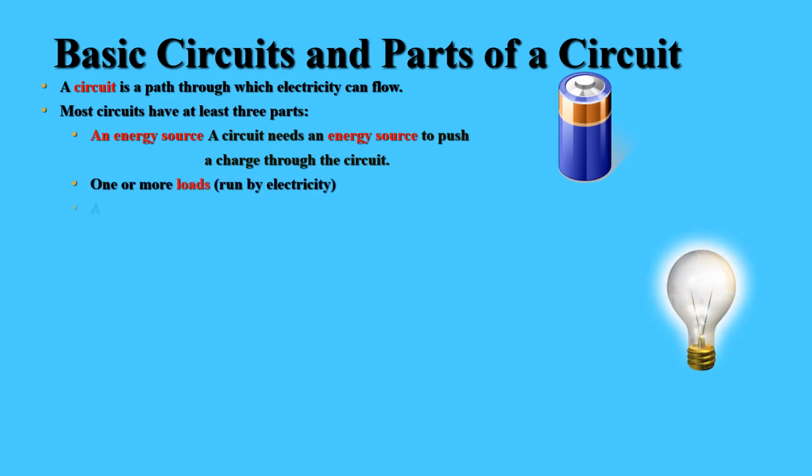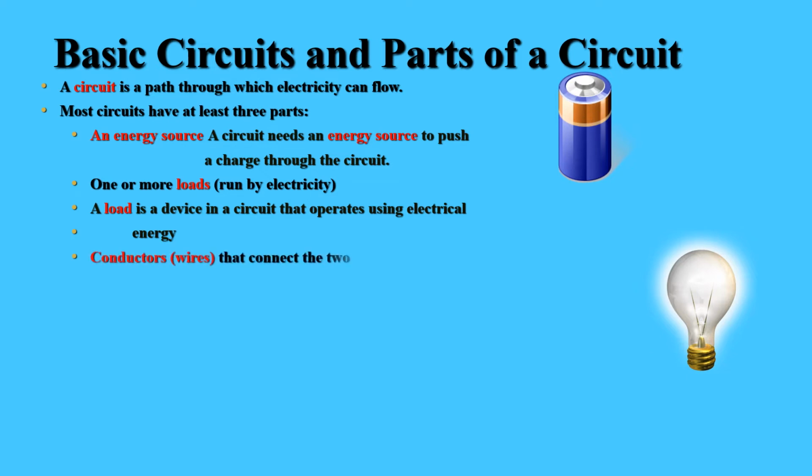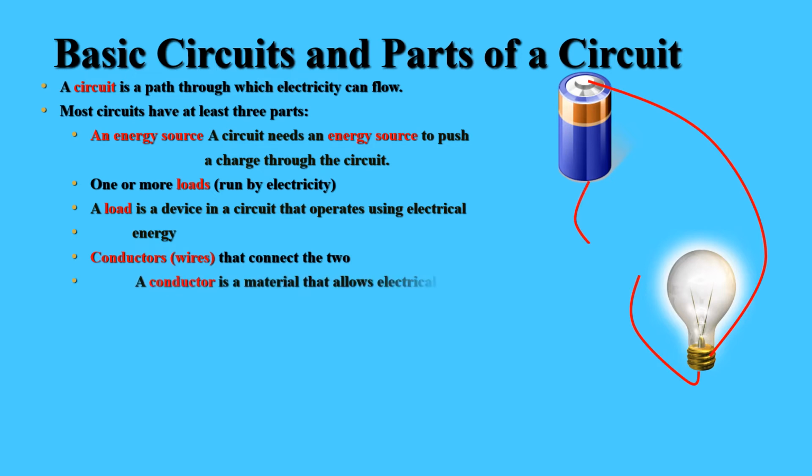One or more loads run by electricity. A load is a device in a circuit that operates using electrical energy. Conductors or wires that connect the two. A conductor is a material that allows electrical energy to flow through it easily.